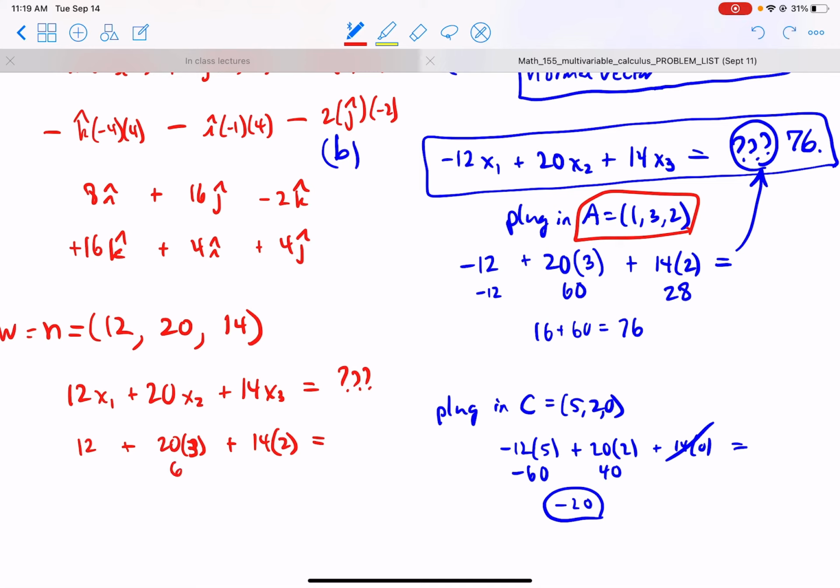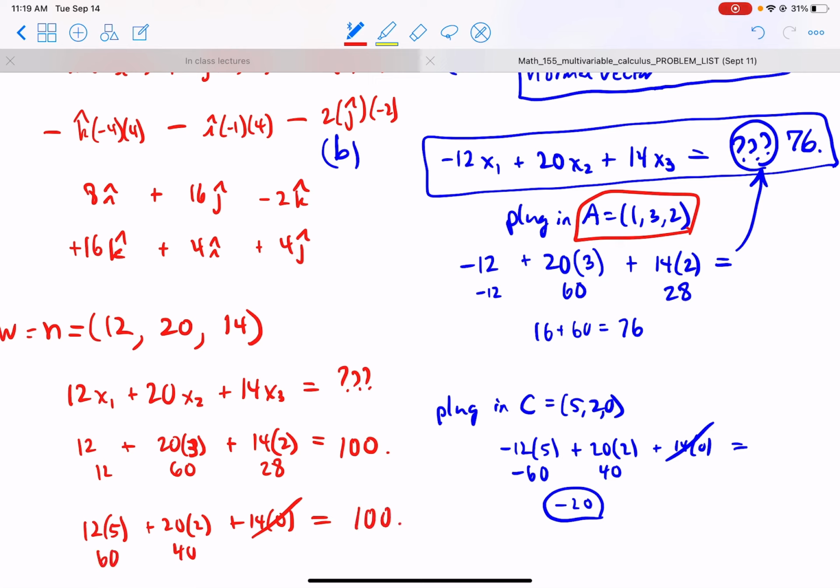And let's see, so we got a 60, and a 12, and a 28. 12 and 28 together is nice, that's 40. 40 and 60 together is 100. Let's check by plugging in the point C. 12 times 5 plus 20 times 2 plus 14 times 0 equals, okay, 40 and 60, and there we go.